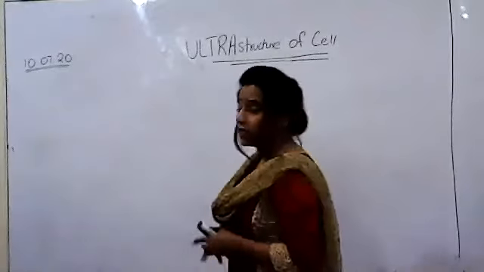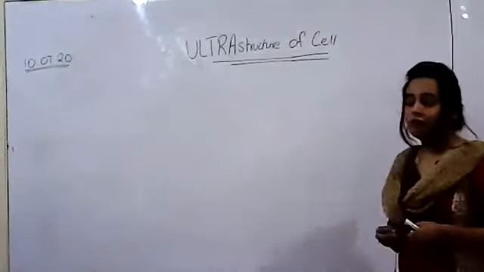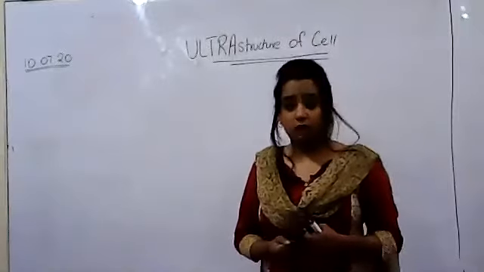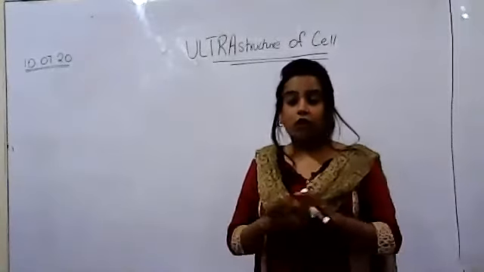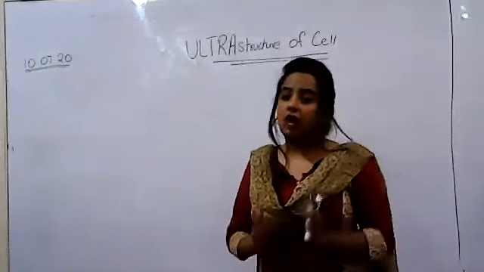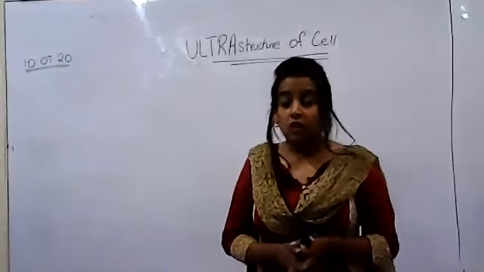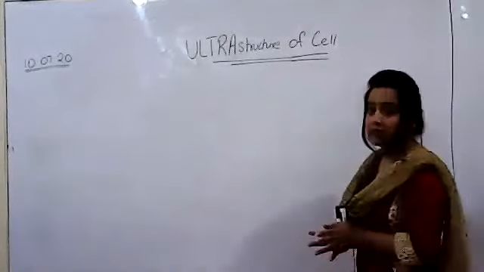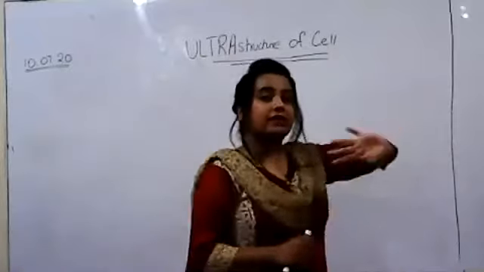That means the electron microscope can give you an extensive, very clear view of the cell. Not just the cell, the organelles present inside the cell are visible very clearly under the electron microscope, right? The images taken by the electron microscope were studied, and then we came up with the ultrastructure of the cell and of all the organelles as well.